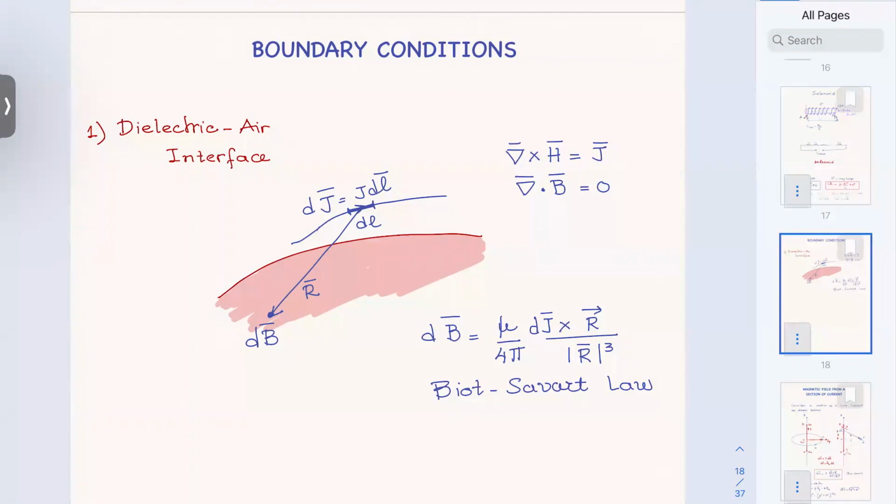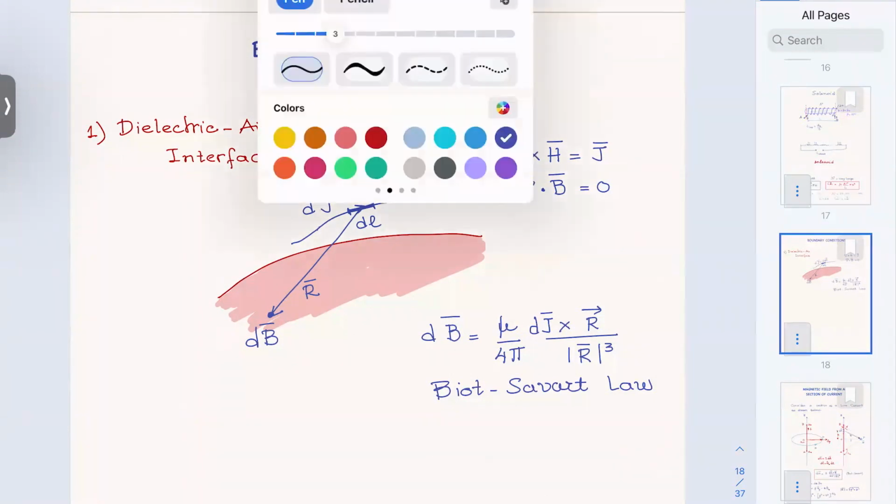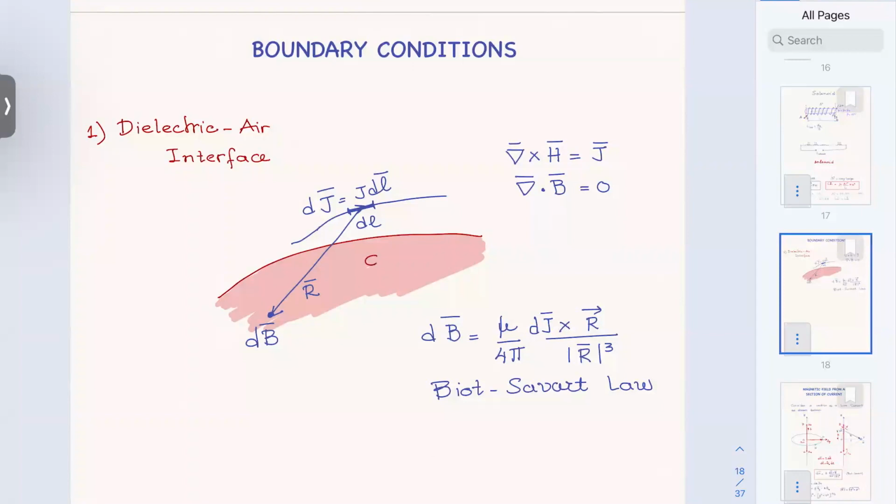So in an air dielectric interface, here, epsilon is equal to epsilon R epsilon naught, and mu is equal to mu naught. That's what happens in dielectrics. And here, in free space, we have epsilon naught and mu naught. So what we observe is that in terms of mu, air and dielectric behave the same way.